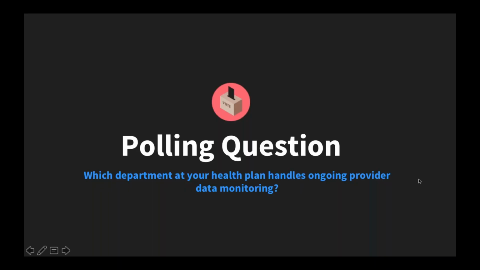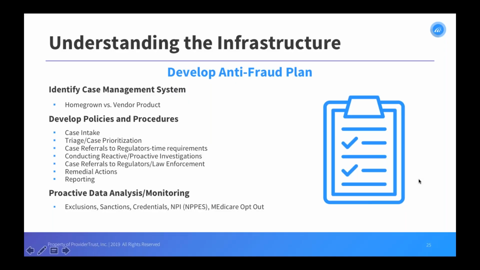So with that, continuing on is understanding the infrastructure of what best-in-class SIU teams are doing. There's really four things, right? So it's developing your anti-fraud plan, but really what that means is identifying your case management system.